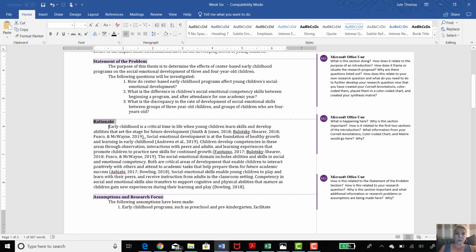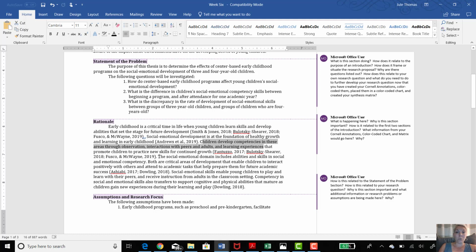So again, it reiterates early childhood as a critical time when children learn and develop abilities for future development. Then it goes into the focus of social emotional development, and then children develop these when they are in certain types of learning experiences, like a center-based learning experience.